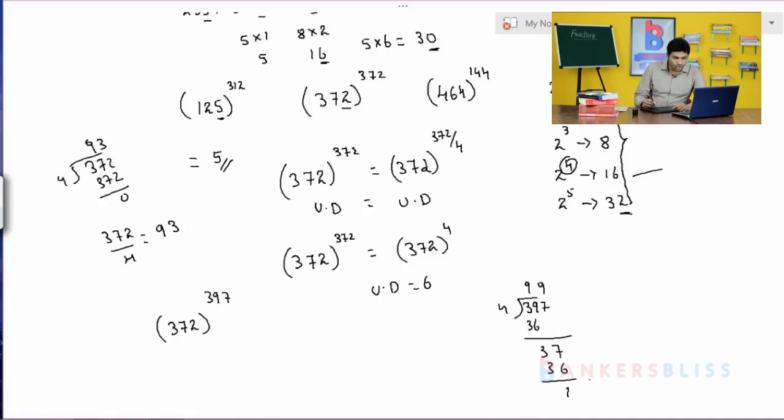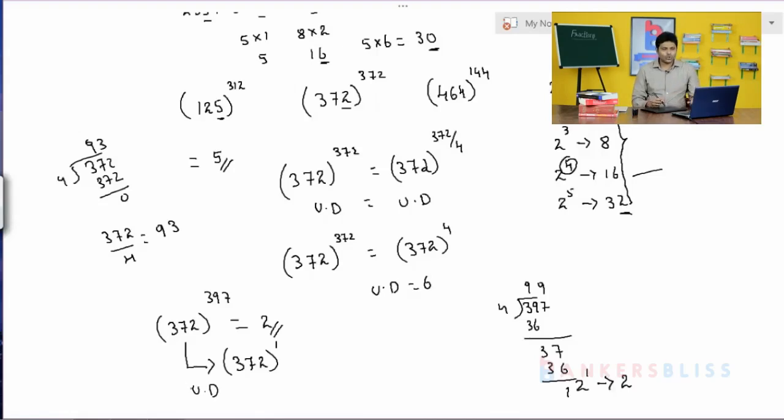So what is the value of 2 power 1? That is 2. So the unit digit is 2 here. See, 372 to the power 397 is equal to 372 to the power 1. So the unit digit will be the same. Therefore, here the unit digit is 2.